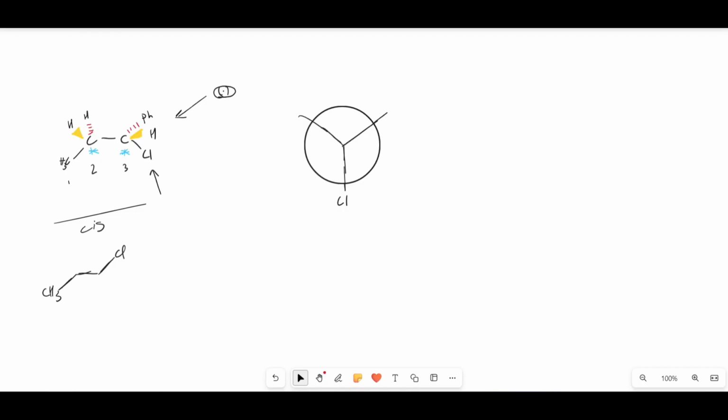If it faces outside of the page, or if it's wedged, you're looking at it from the right side, and you're basically seeing that the hydrogen should face your left hand, whereas the phenyl should face your right hand. And just like that, your phenyl would go on the right side and your hydrogen should go on the left side. And then we could focus on drawing the other side.